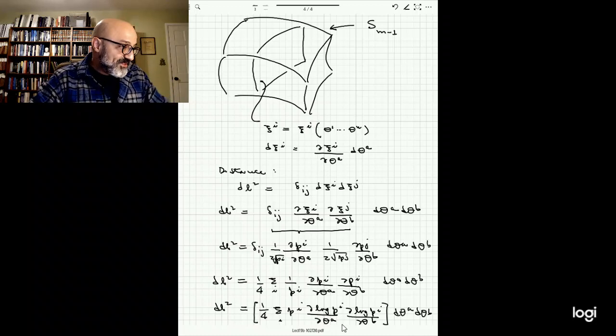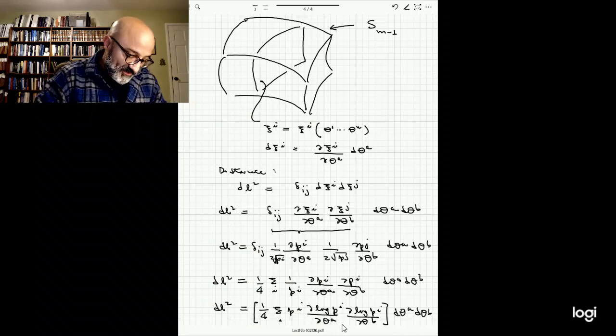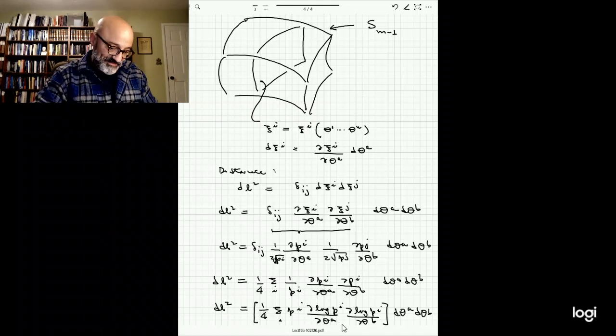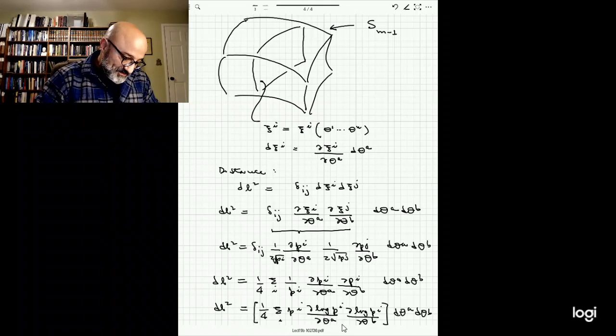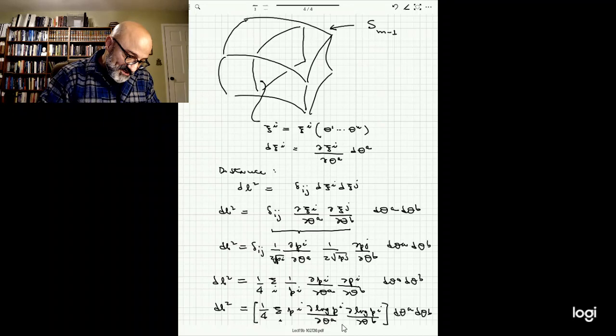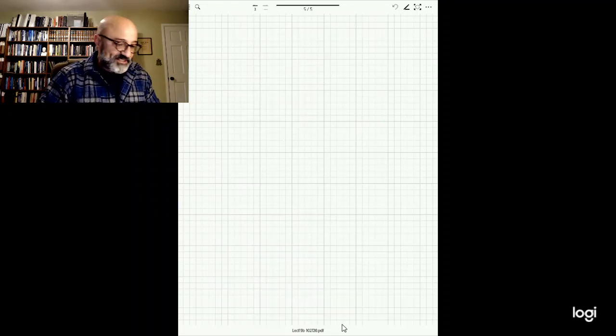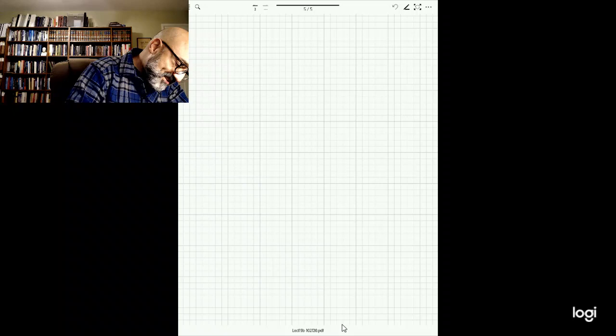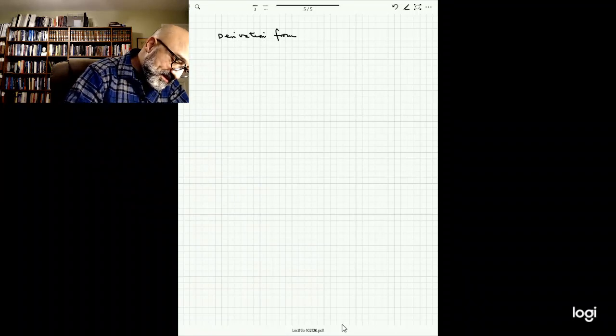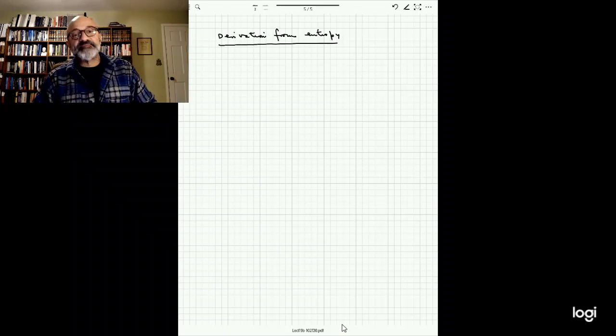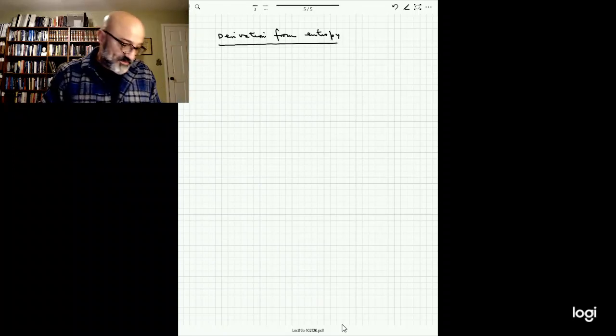Let me derive the metric from yet another path, which is actually much more directly connected to statistics. So this is going to be a derivation from entropy. The idea is going to be something like this.